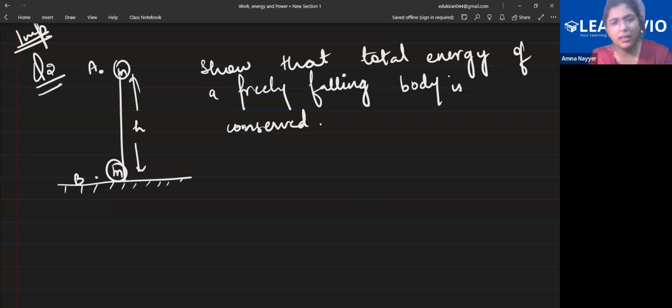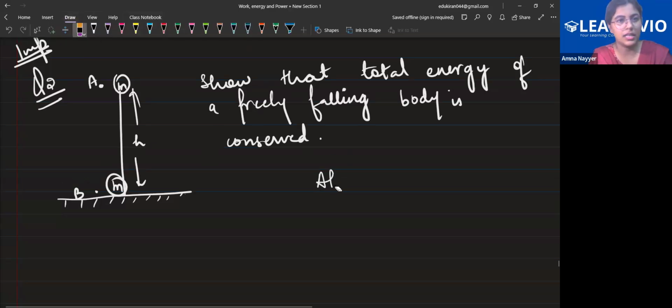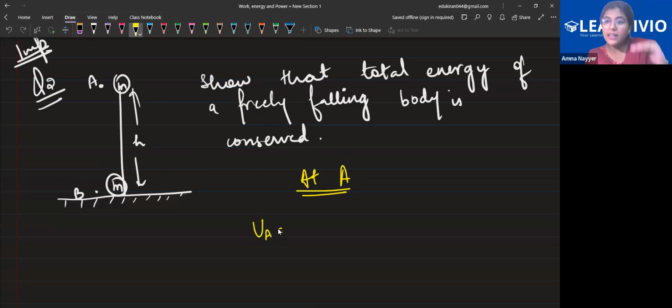Now, there is this question where you have to prove, and basically this is a part of what we have studied. So we take a point A here at the starting. Now at point A, if you're talking about the potential energy, since it is at a height and gravity is assisting, whenever you're talking about gravity, you will use the free fall case.